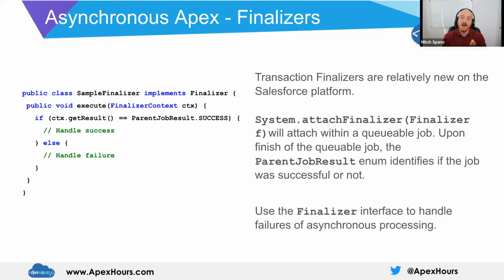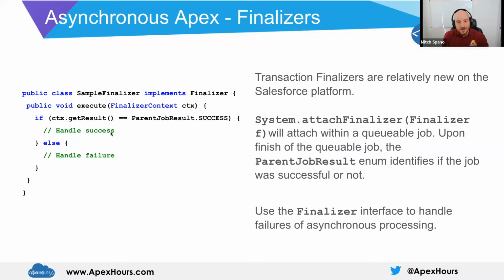The transaction finalizer allows us to do that. So we can create an instance of a finalizer and attach it to our queueable's execution using System.attachFinalizer. Okay. And then we check this context.getResult, and it gives us an enumeration called ParentJobResult, which could be success or unhandled exception, and then we can choose how to move forward from there.